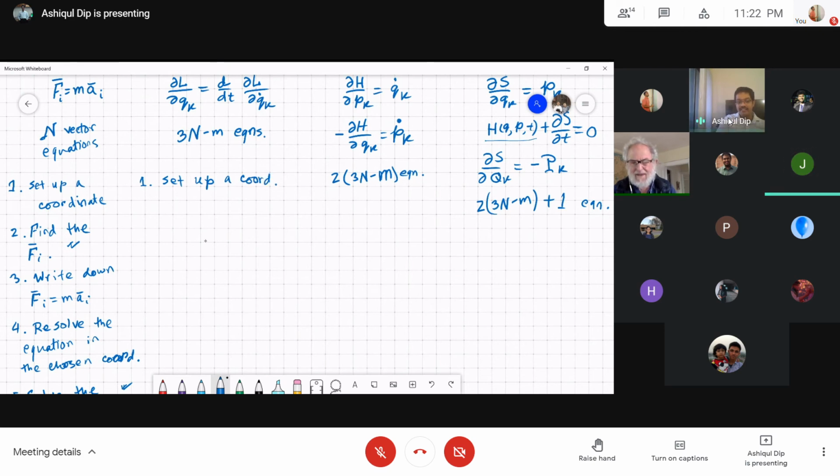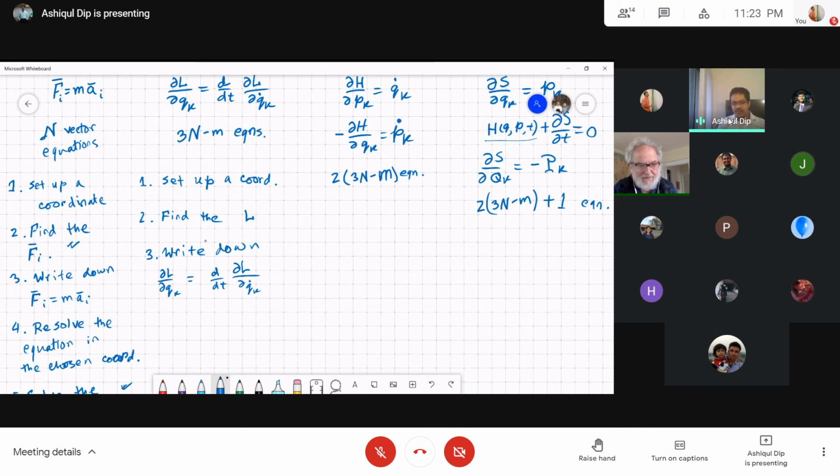Then step 2 is find the Lagrangian, find the L. Then step 3 is write down Lagrange's equation, delta L by delta Qk equals d/dt of delta L by delta Qk dot.